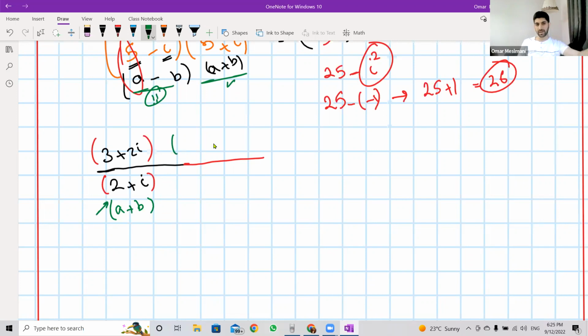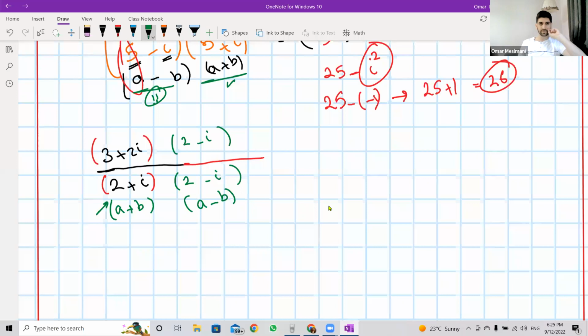So I'm going to multiply up and down by 2 minus i. Why am I doing this? I want the denominator to be in the form A plus B, A minus B. Don't only multiply the denominator, you have to multiply up and down, because this is a fraction and you cannot make any change to the fraction unless you multiply up and down.